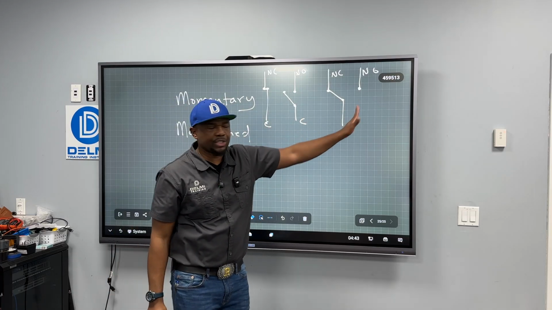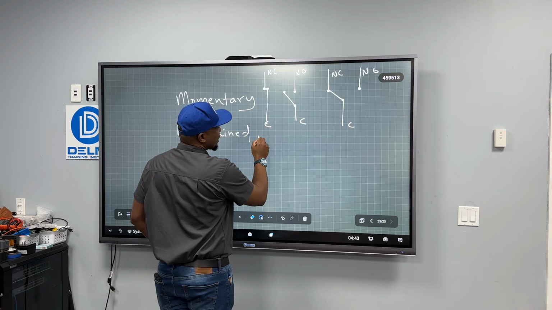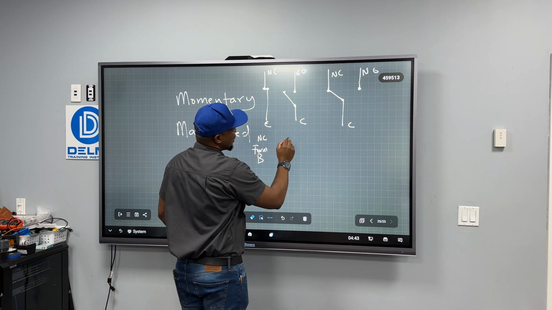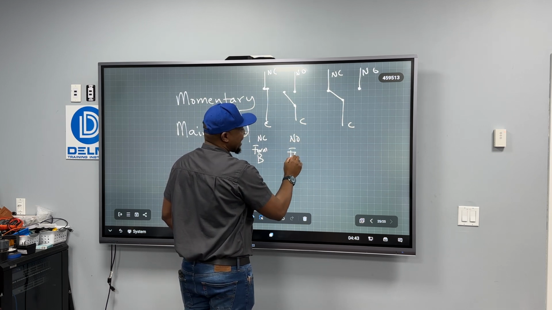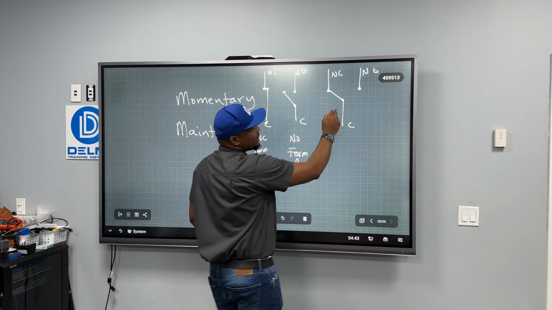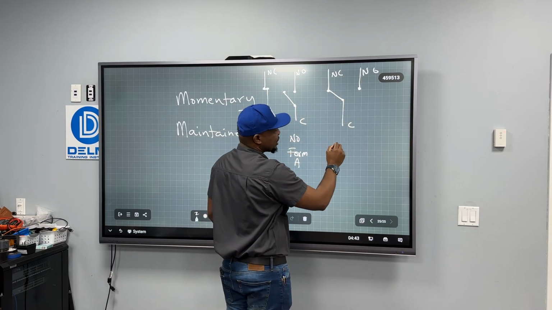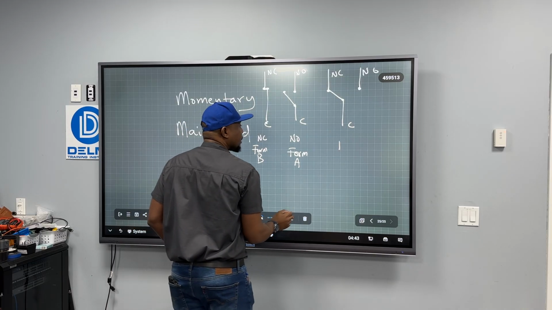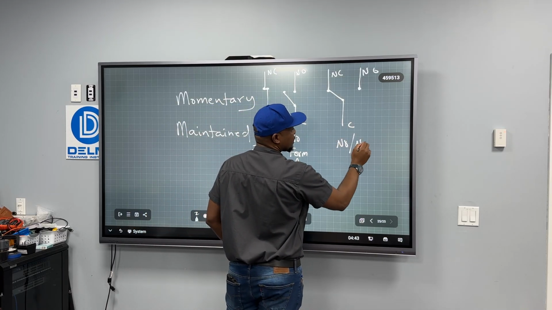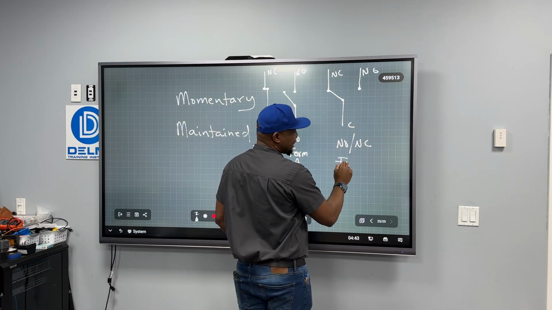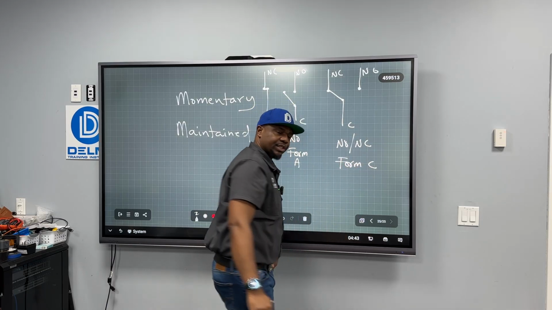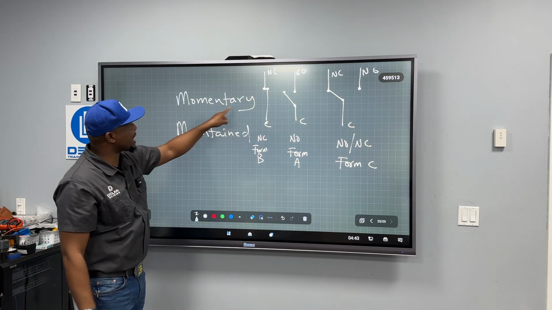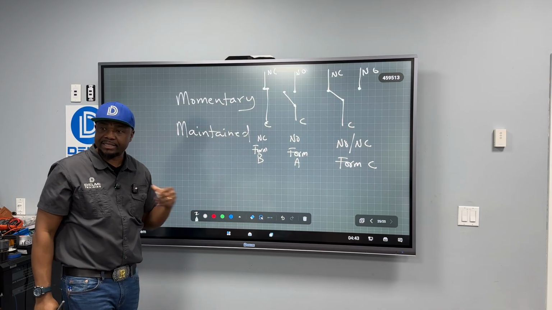All these type of switches, this is what? A normally closed switch or a form B switch. This is a normally open switch or a form A switch. And this is a normally open, normally closed switch. So it's a form C switch. We could have all these switches in either a momentary or a maintained state.